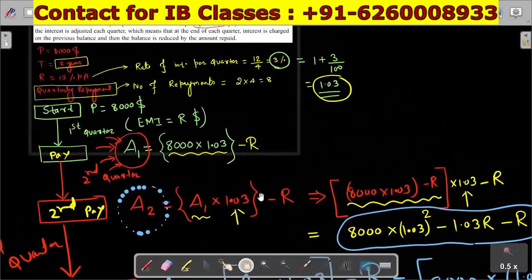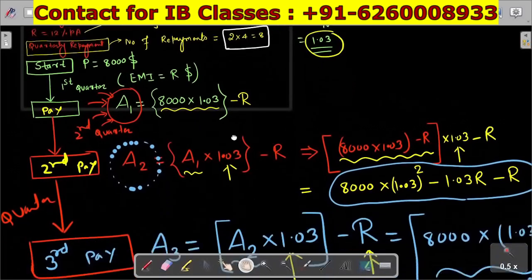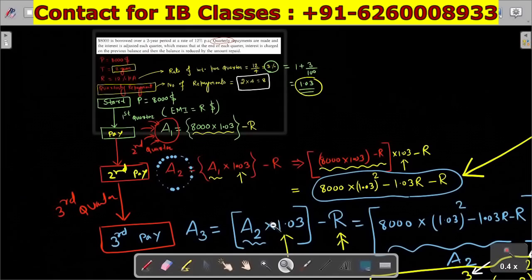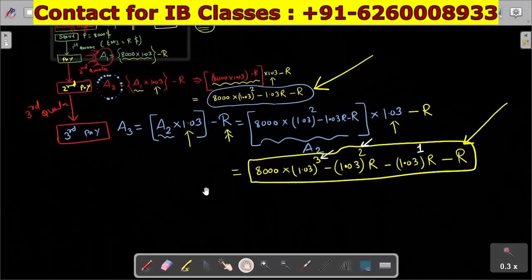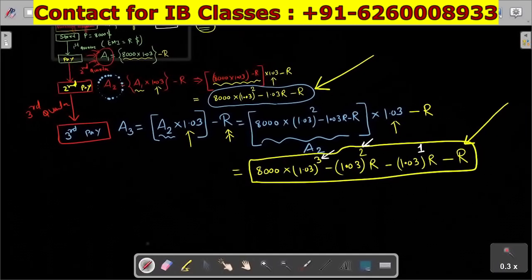I have to pay a total of 8 installments, right? So after 8 repayments, my remaining due should be 0. So directly we will try to write A8. What will be A8? A8 will be the remaining due amount after the 8th payment.